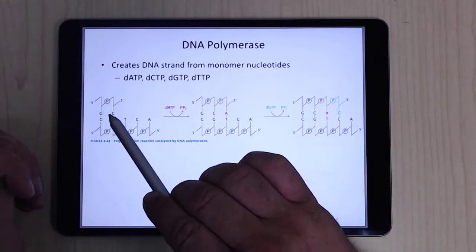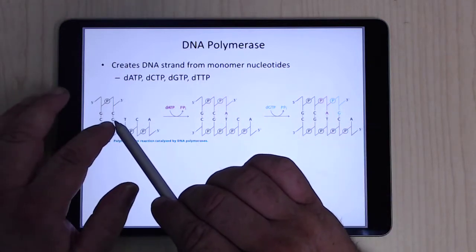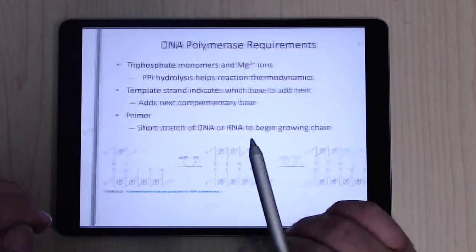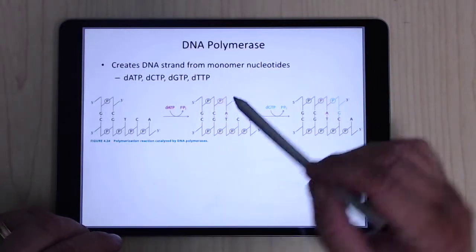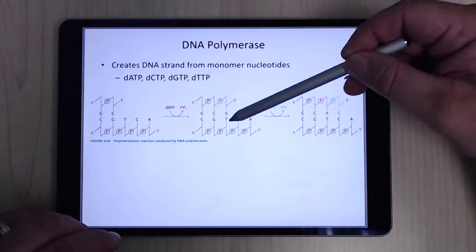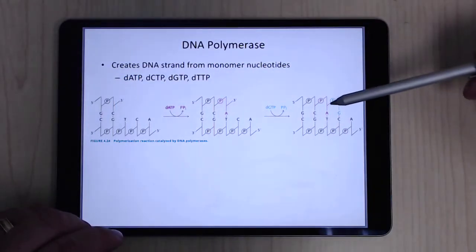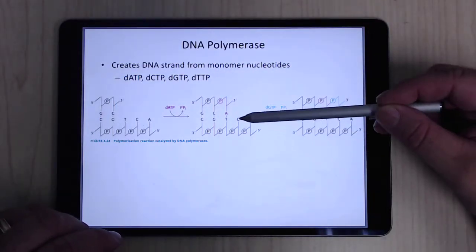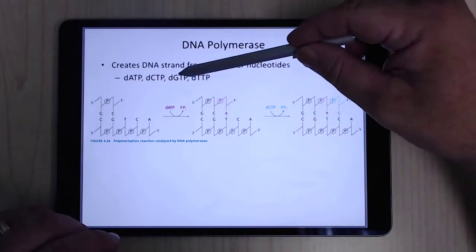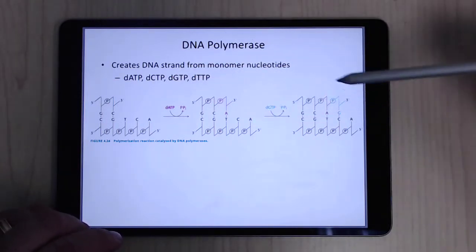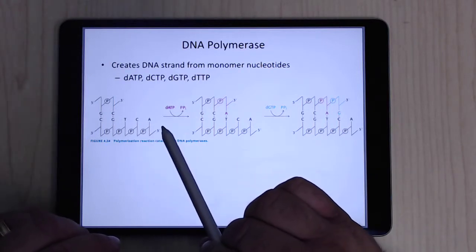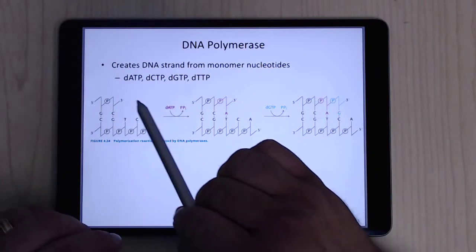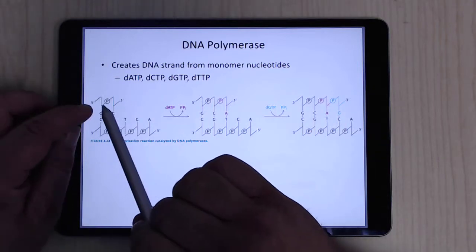Now it's going to know what to put on next, because it's going to say, okay, well here's a T, so I need to grab a dATP to put in there. Now for the next one, we're going to have a C, so I better grab the G to put in there. And so it uses this strand to know what to make on this strand, and the way that it's built up is 5' to 3'.